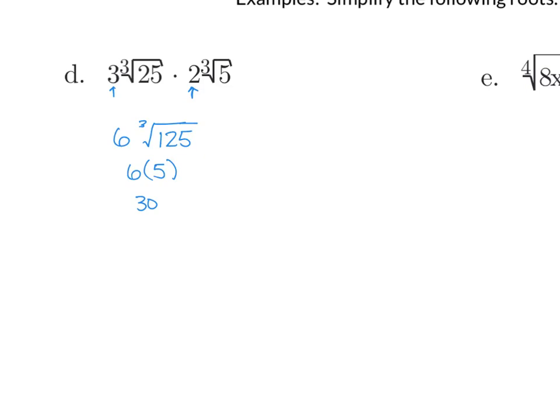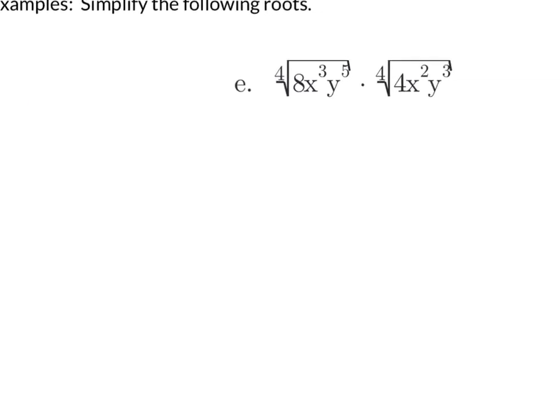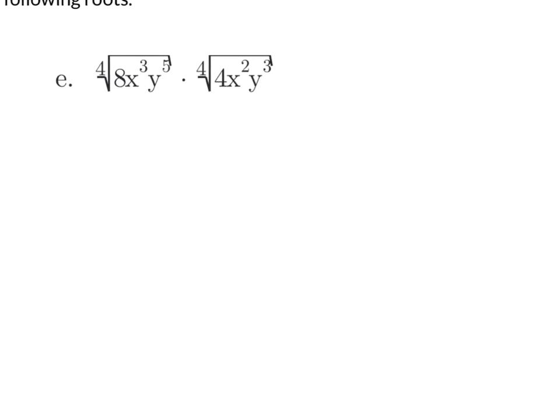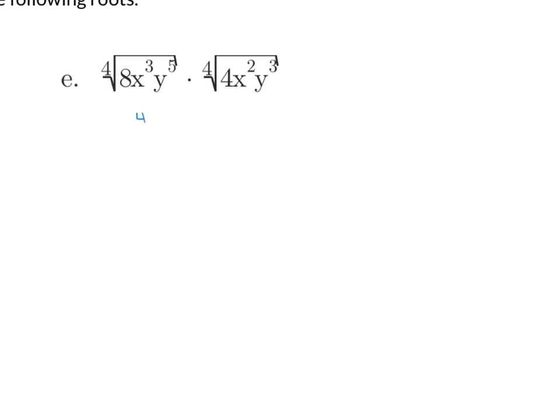All right, we've played around with cube roots quite a bit, so let's go ahead and look at a fourth root. So fourth root, the first thing I want to do is go ahead and combine this into a single radical. If we combine this into a single radical, I get the fourth root of 8 times 4 is 32. X cubed times x squared, I'm going to add my exponents, I get x to the 5th.